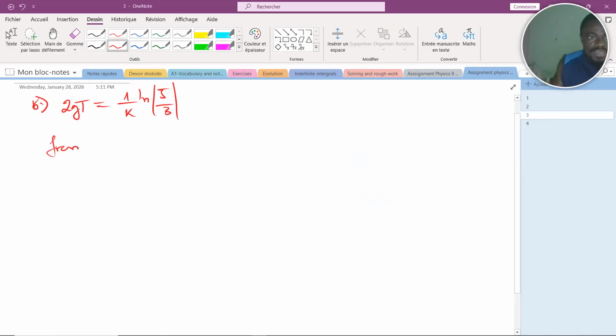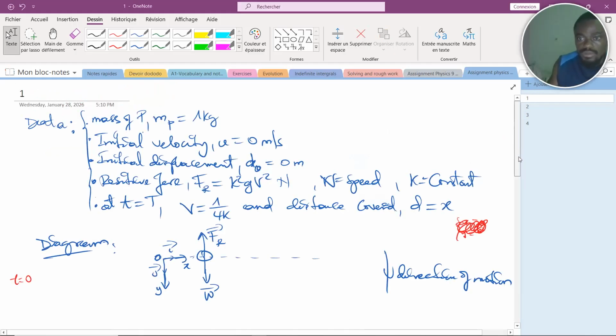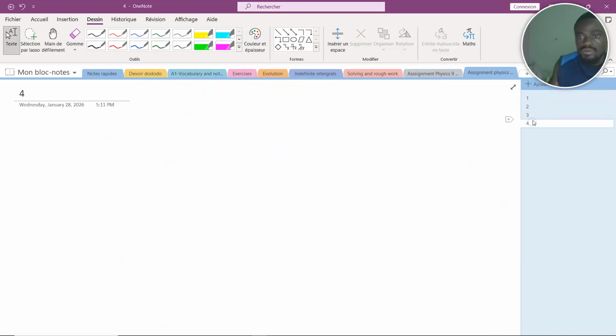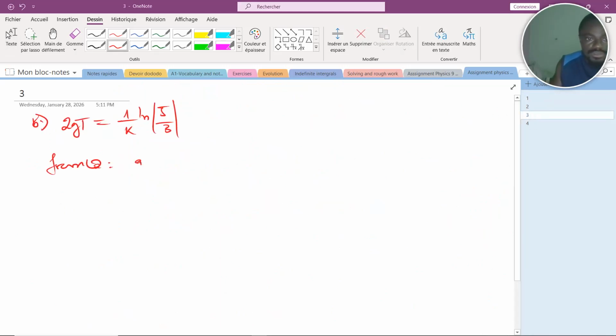From our equation 2, we had what? Let me go back to my equation 2. We had g into 1 minus k square v square equals a. Is that okay?